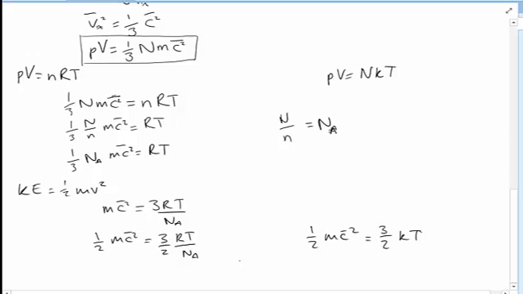Okay, and that is because k is equal to R over N_A. Now because everything apart from T on the right hand side of the equation is a constant, what this tells us is that the average kinetic energy of particles in an ideal gas is directly proportional to the temperature. Nice little result, mathematically proven.